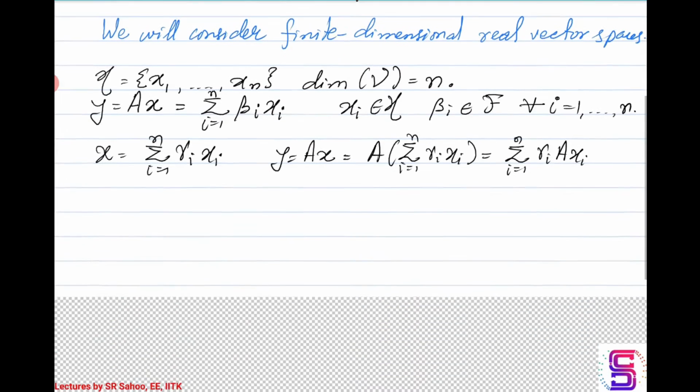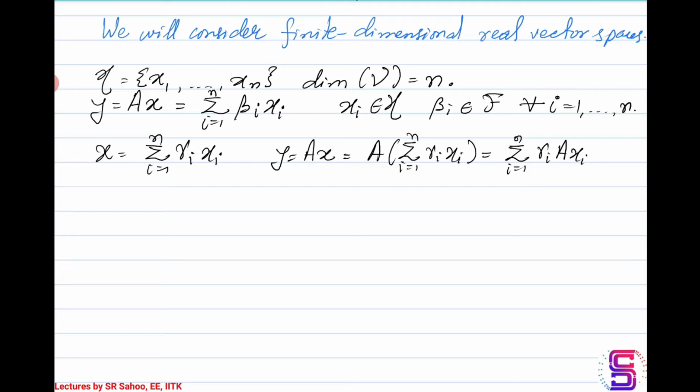So let's see how A transforms each of the basis vectors. Consider the vector xj from the basis. When A acts on the basis vector, it results in a vector in the same vector space. So A xj can also be expressed as a linear combination of the basis vectors.